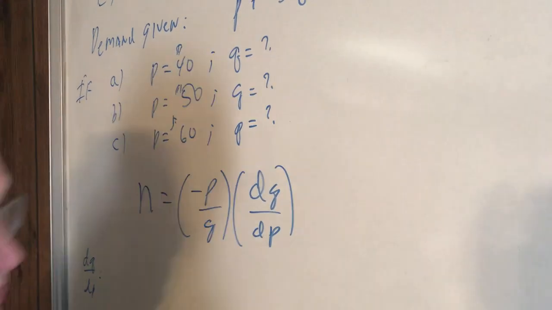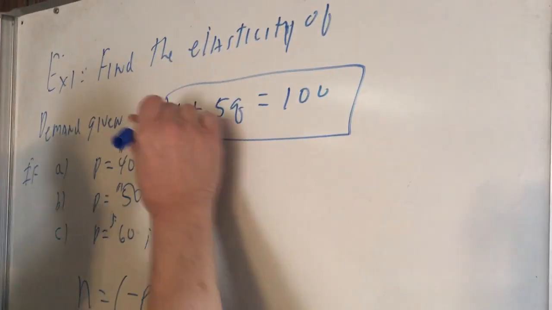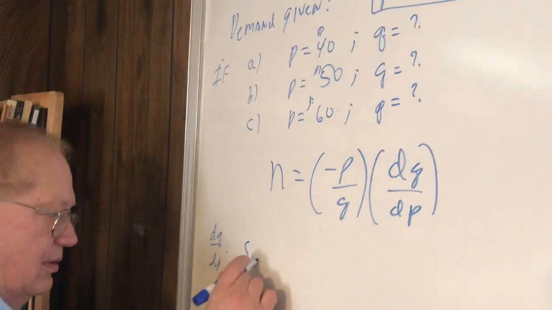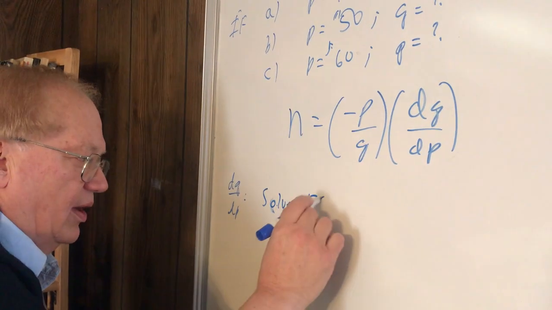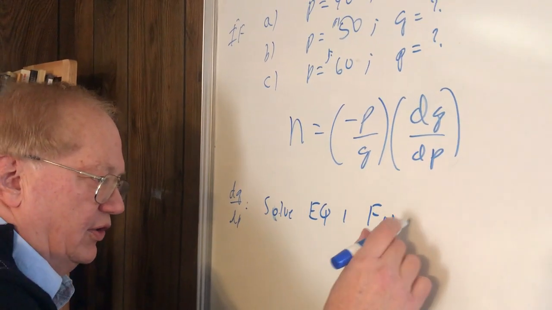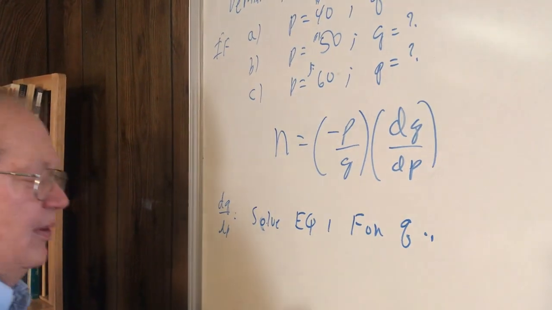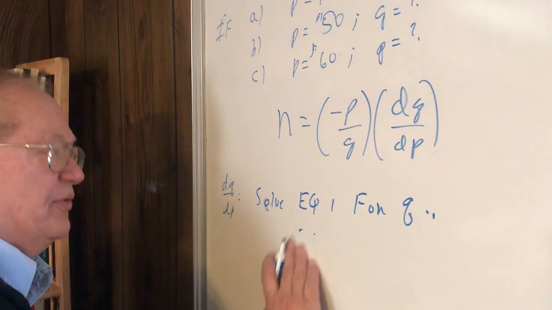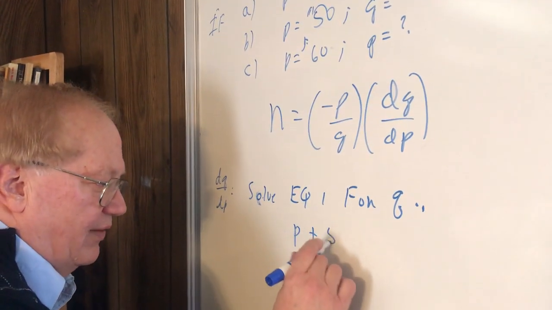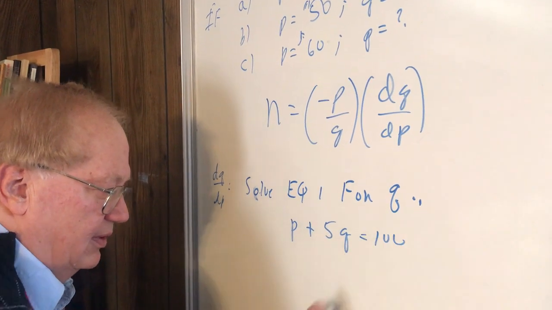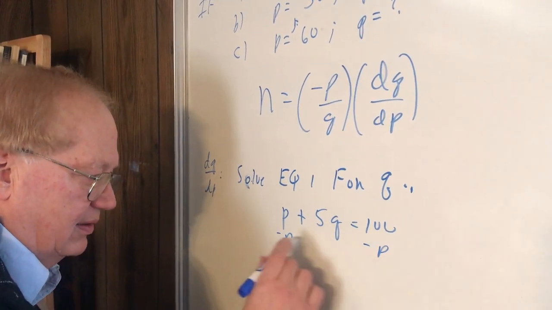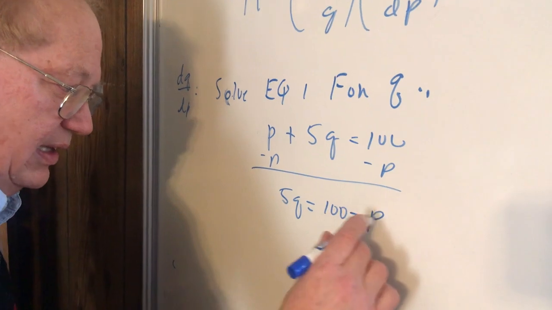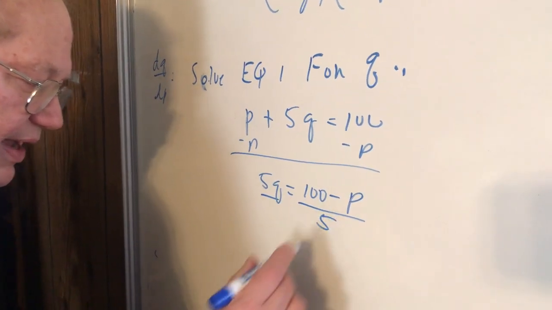Which means that I'm going to call this equation 1. I have to solve equation 1 for Q. So we have P plus 5Q equals 100. Let's bring P to the other side. 5Q equals 100 minus P. Divide everything by 5.